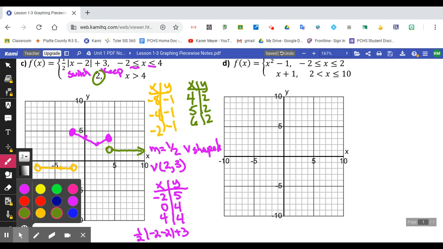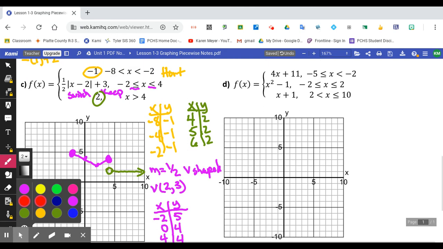All right, one more, almost done. Okay, take a minute, pause the video, and I want you to try the top one and the bottom one.